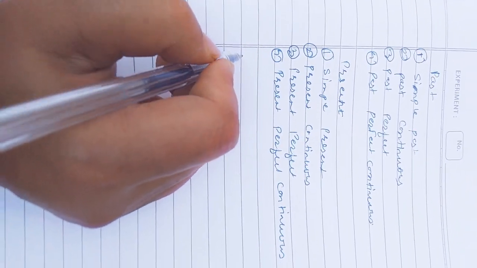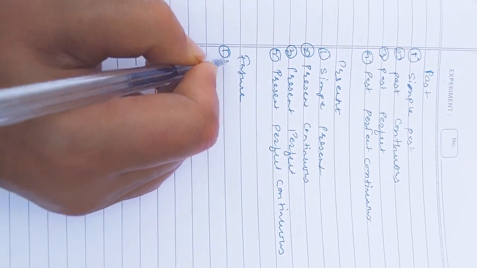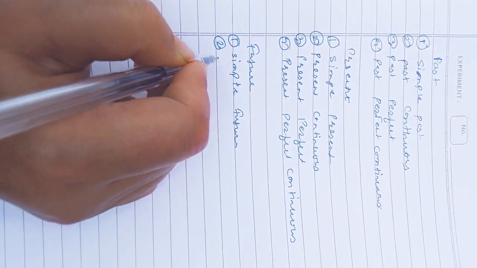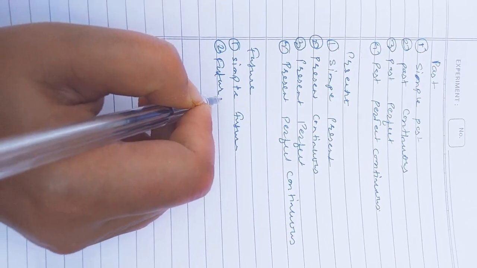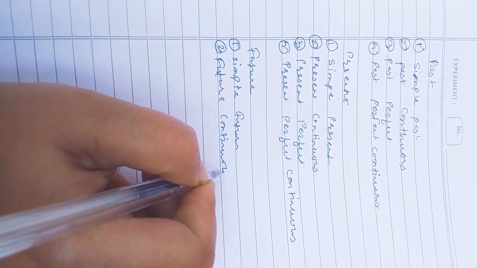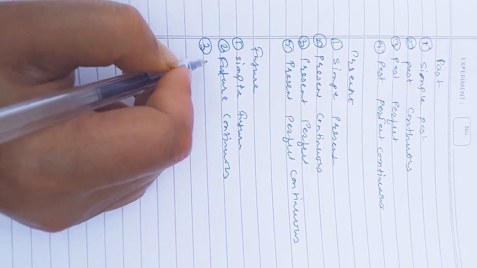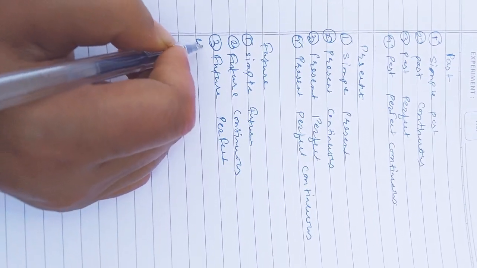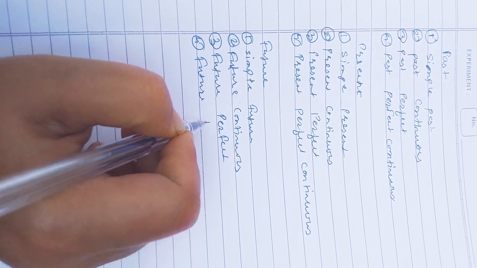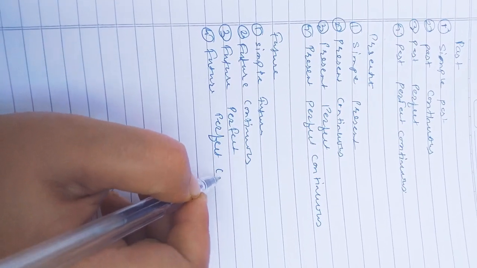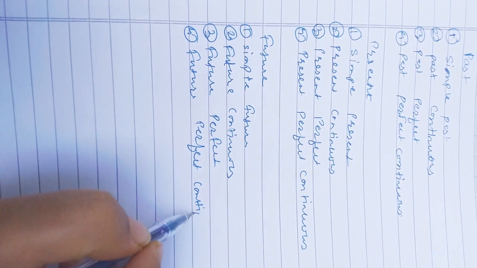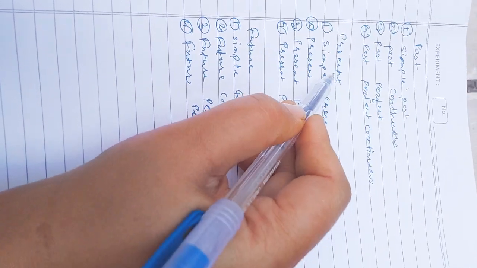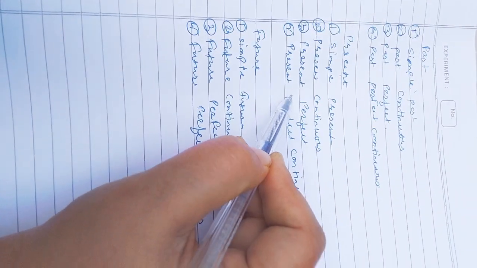And the third one is future tense. Here again simple future, then future continuous, then future perfect, and then future perfect continuous.